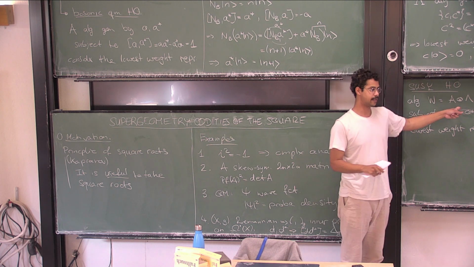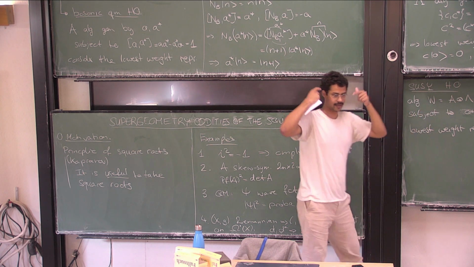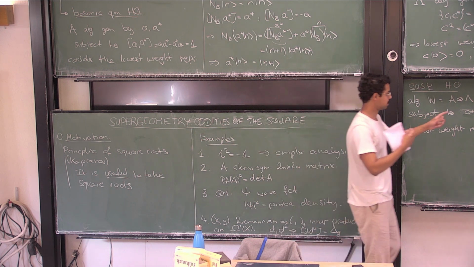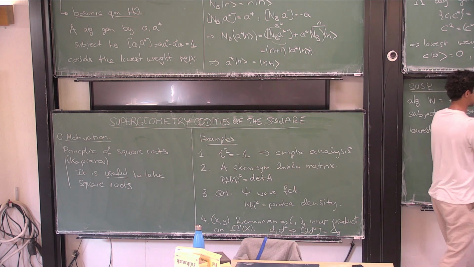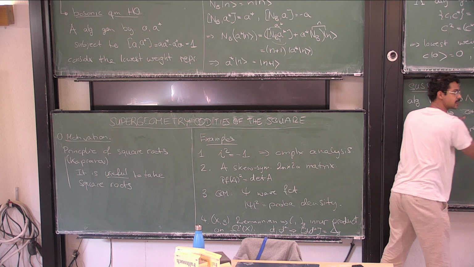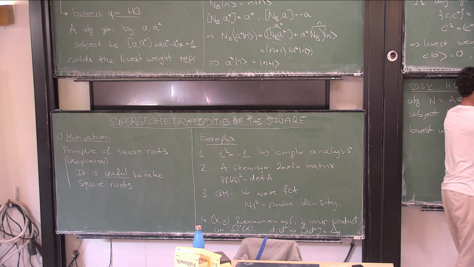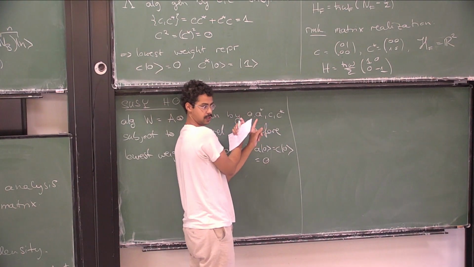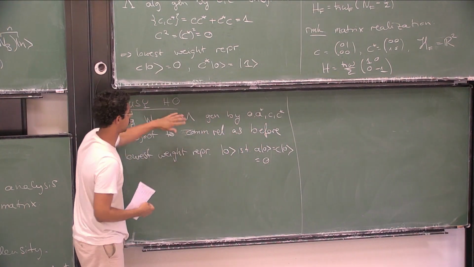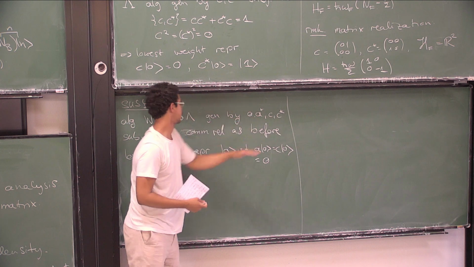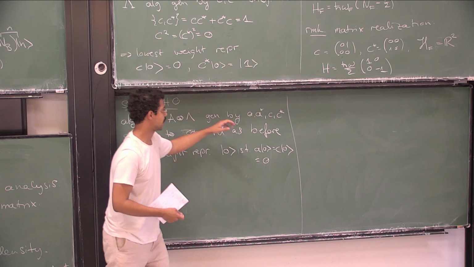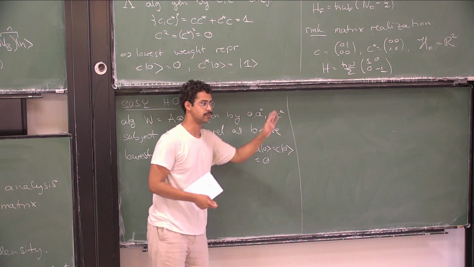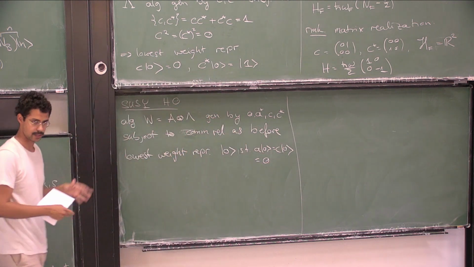I will kind of forget about this tensor product and have it in my head somewhere. What I want to do is they act on different spaces, these A's and C's. Otherwise you could just say they're generated by these guys, subject to the commutation relations as before, while A and C always commute, and A and C star commute, etc.